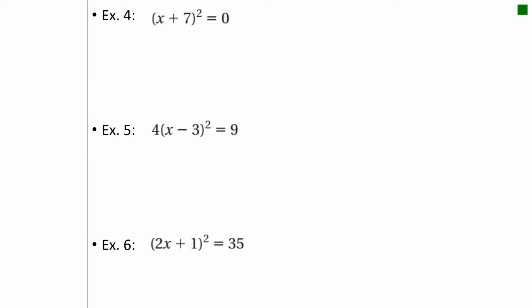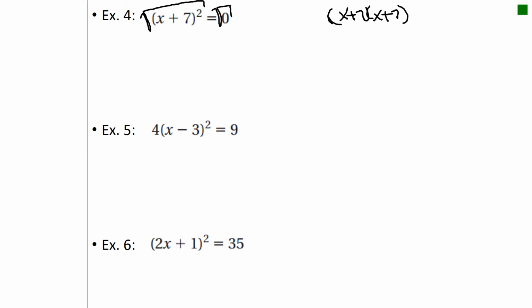For example 4, because x plus 7 is inside the parentheses, we have two options. We can find the product of x plus 7 times x plus 7. In my head, that's more work, so I'm not going to find the product of that. I'm going to undo exponents first by taking the square root. This will be easier.